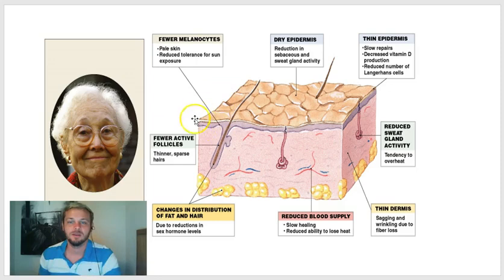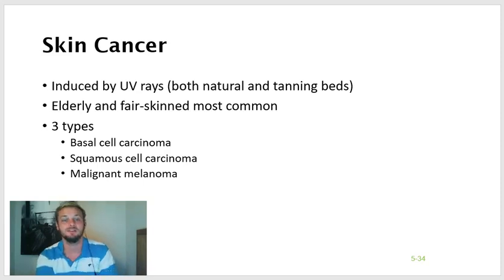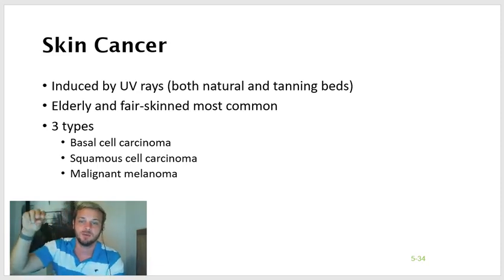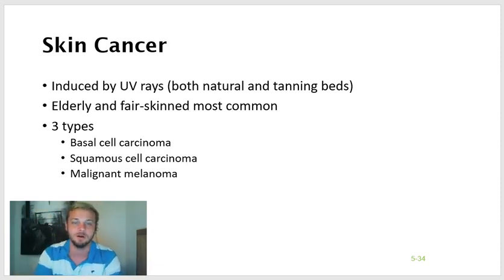So, with that loss of melanin-producing cells, the loss of the melanocytes, they typically burn easier, and that can also lead to more skin cancers. So skin cancer is induced by UV radiation, so that radiation is going to bombard the DNA within your keratinocytes.